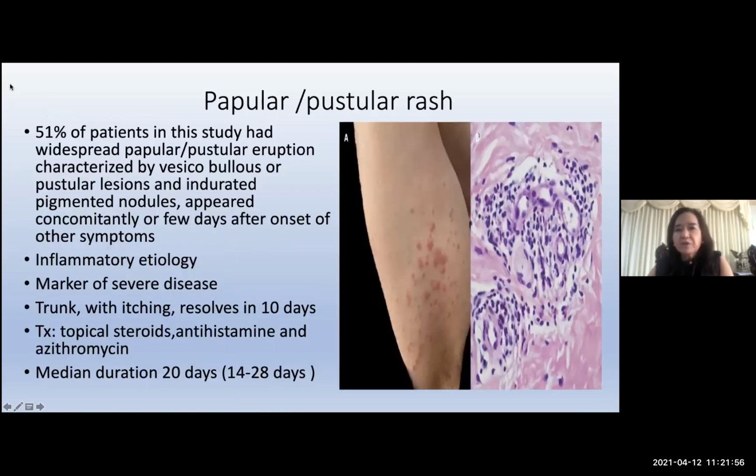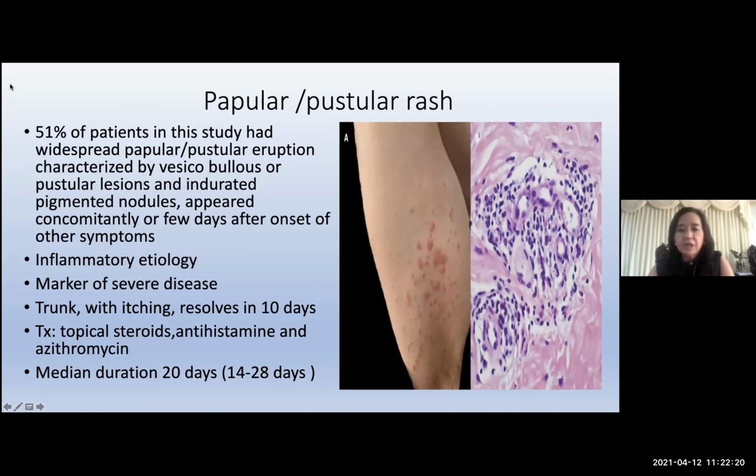Next, we have the papular and pustular rash. 51% of this study had widespread papular pustular eruptions characterized by vesiculobullous or pustular lesions and indurated pigmented nodules, which appeared concomitantly or a few days after the onset of other symptoms.